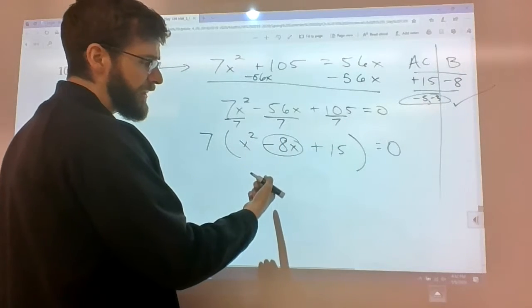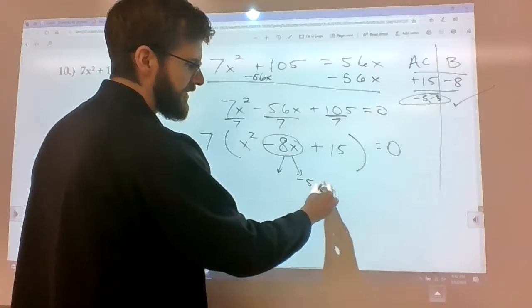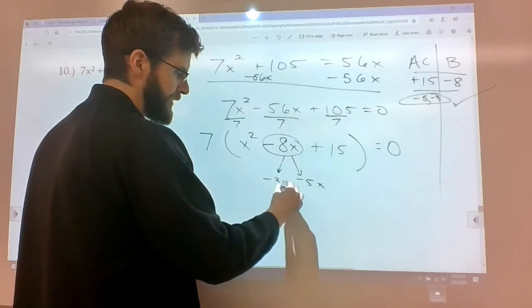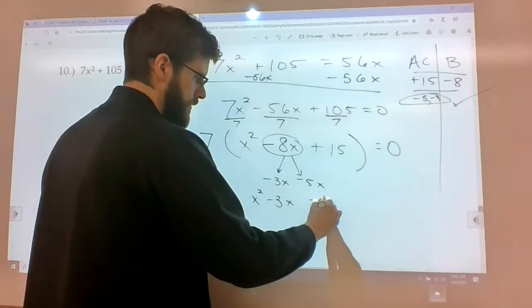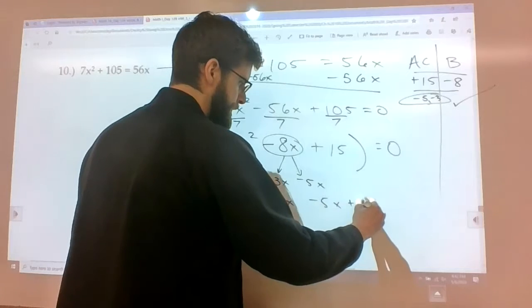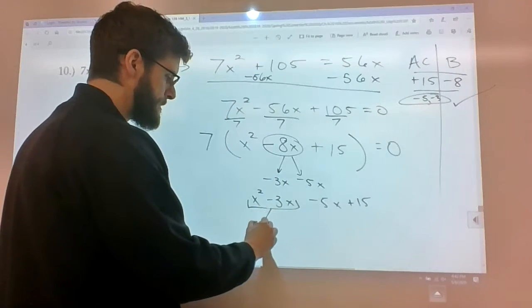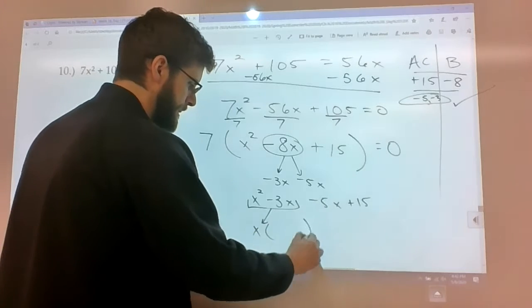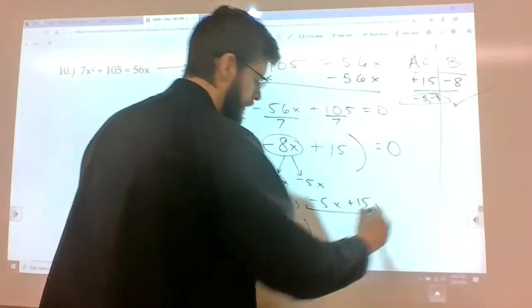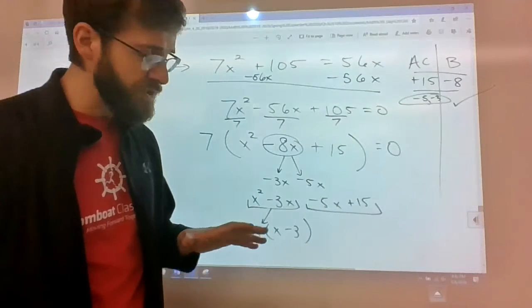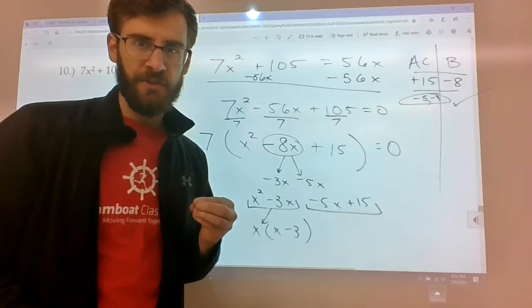So then you split up your negative 8x into, let's see, I'm going to put the negative 5x with the 15 here, and the negative 3x over here with the x squared. Factor by grouping. These two share an x, leaving you with x minus 3. These two, now this is one of those easily overlooked mistakes that students make.